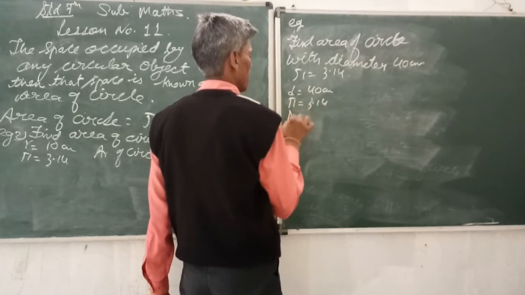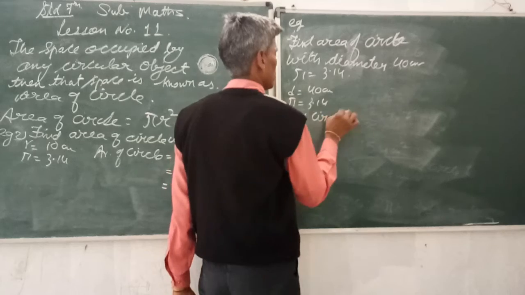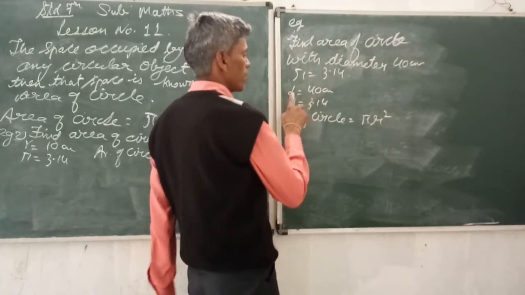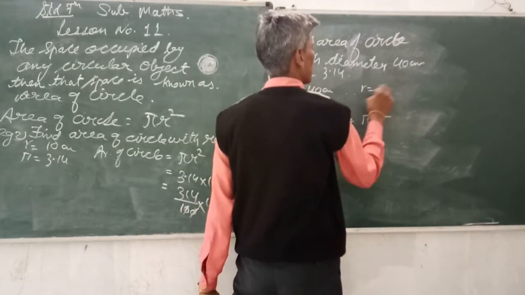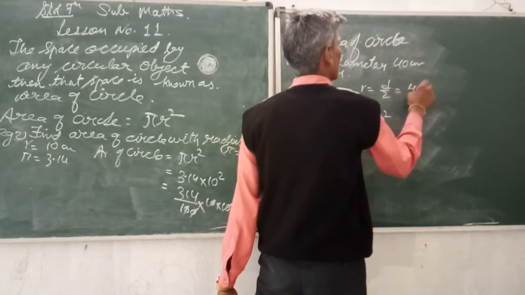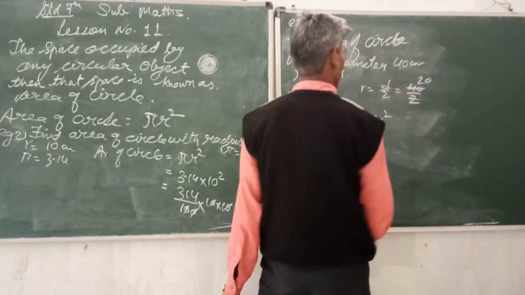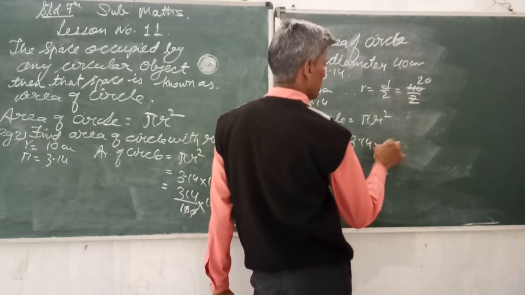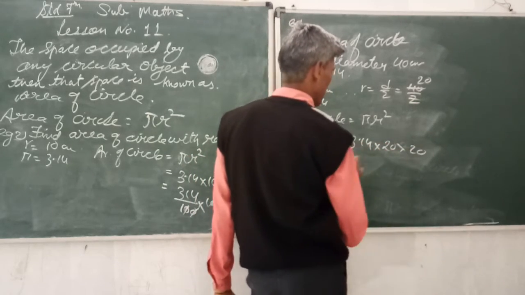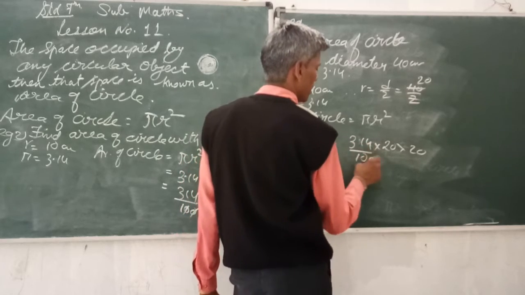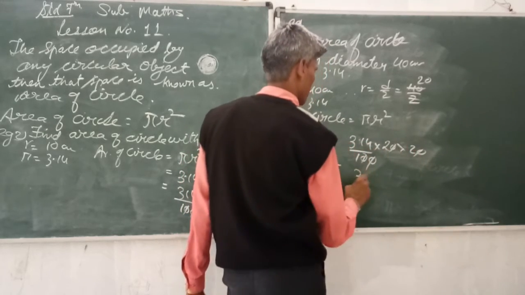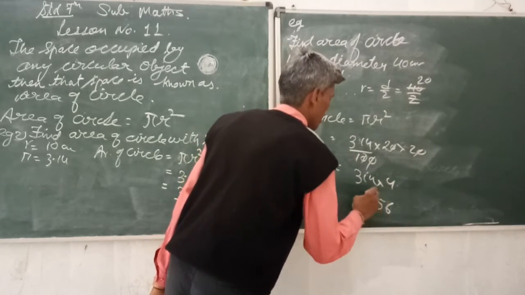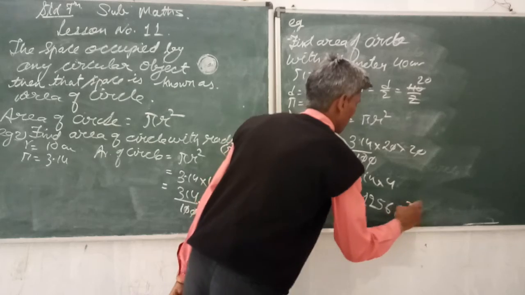Area of circle is pi r square, where r is not given. So whenever diameter is given, you have to find r. R is equal to d upon 2, 40 upon 2, which is 20. So pi is 3.14 into radius 20 into 20. To remove the decimal, we write 100 here, 0 0 cut. 314 into 4 gives 1256 centimeter square.